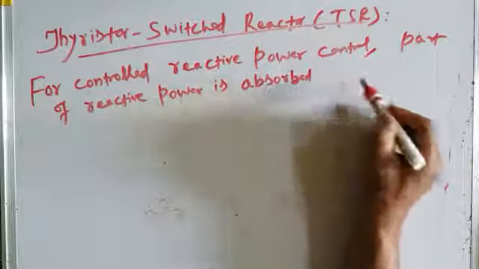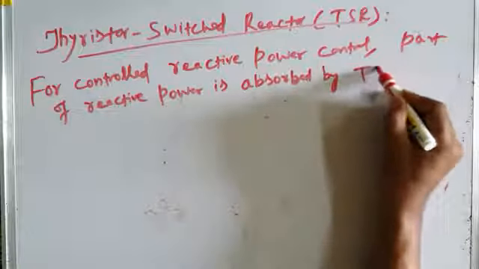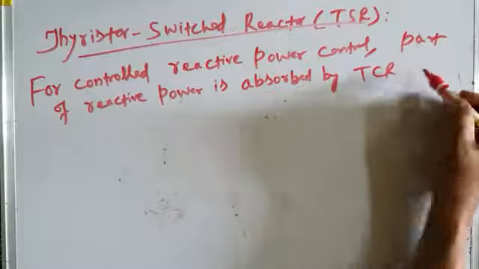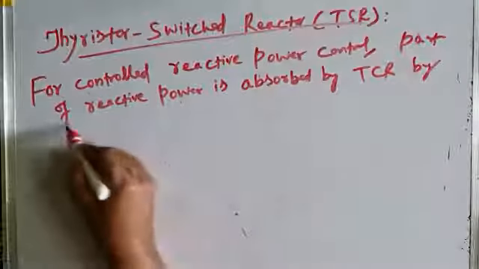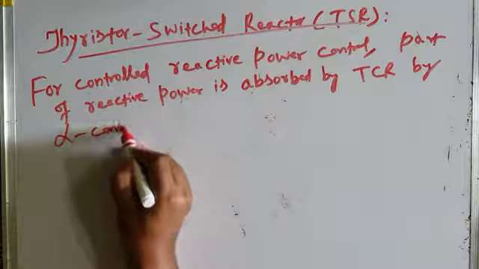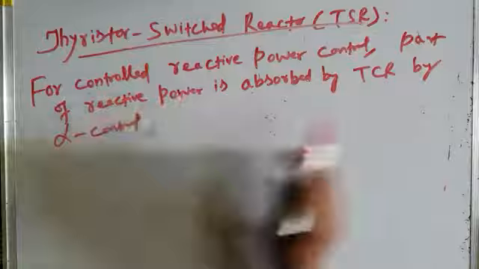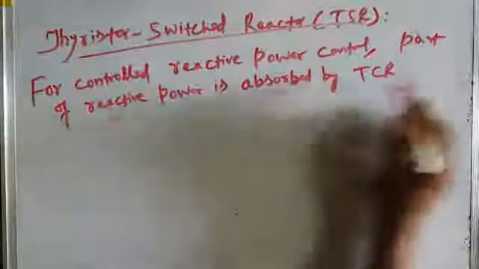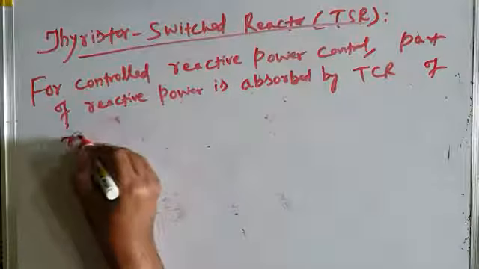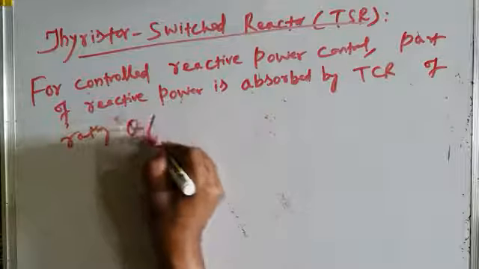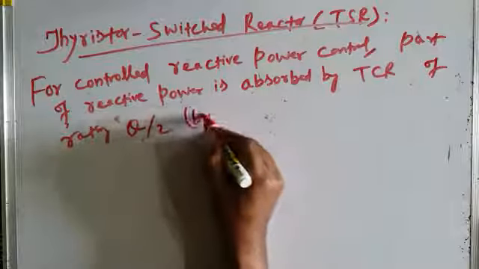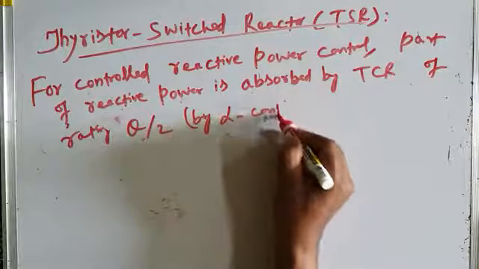Part of reactive power is absorbed by TCR, thyristor controlled reactor, of rating Q by 2, by alpha control, delay angle control.